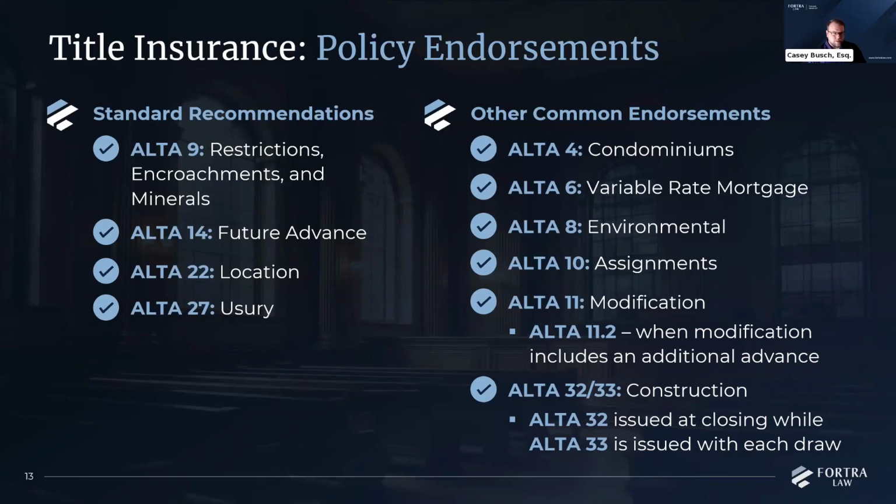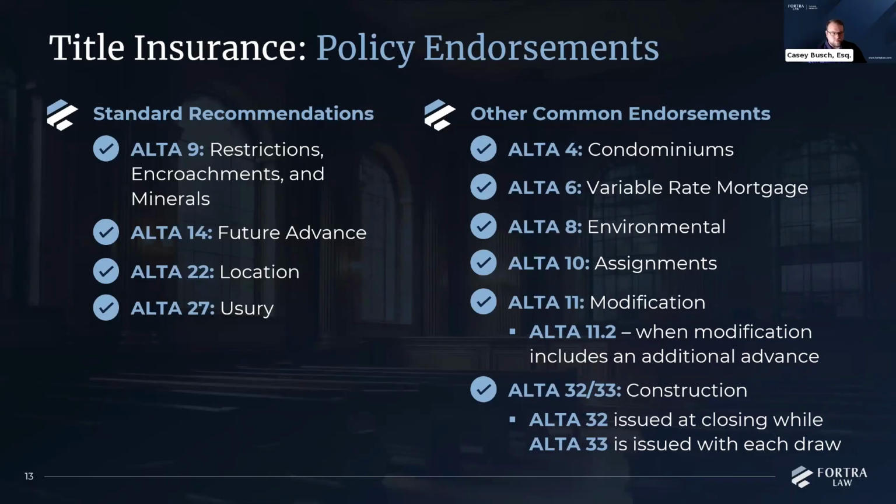The Alta 14, you might have seen this in the past couple years more frequently. The 2006 policy provided some coverage for future advances. So the Alta 14 used to be primarily for construction loans. But now in 2021, they've removed the future advance from the extended policy.